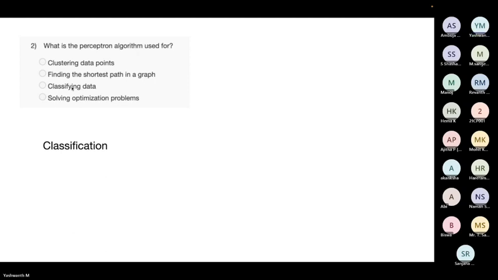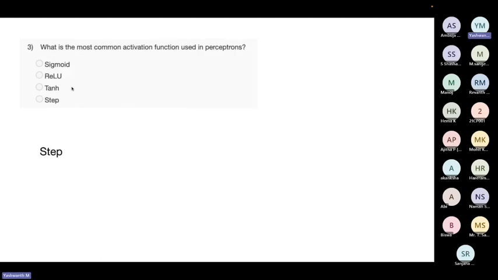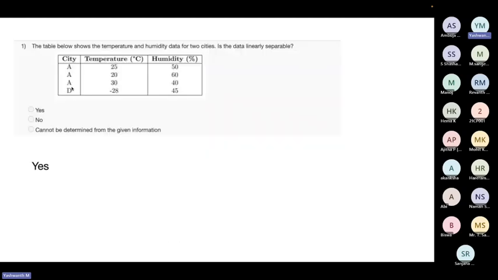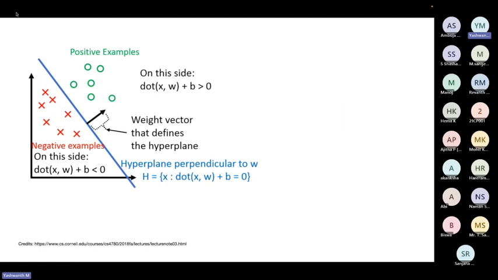And what is the common activation used in perceptrons? Basically, it's not an activation. The term activation is used because typically the positive points are labeled as +1 and negative points are labeled as -1.